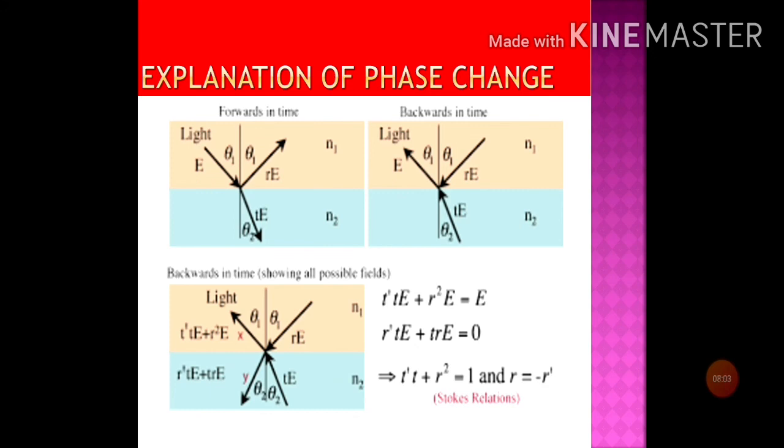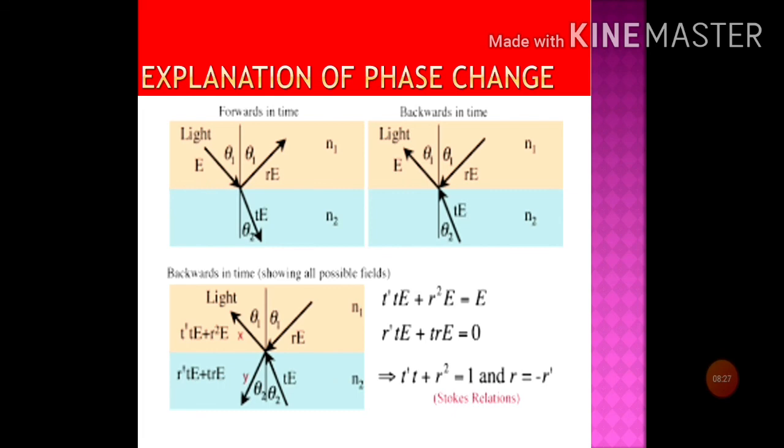Now what is the meaning of this second relation? R is the reflection coefficient when light goes from medium 1 to medium 2, and R dash is the reflection coefficient when light goes from medium 2 to medium 1. You get their amplitudes the same but with a negative sign, meaning the direction is reversed.